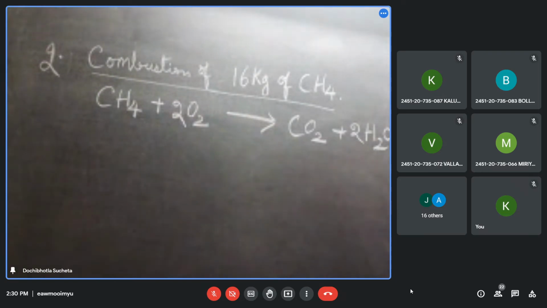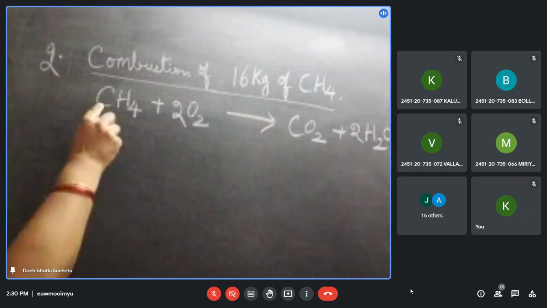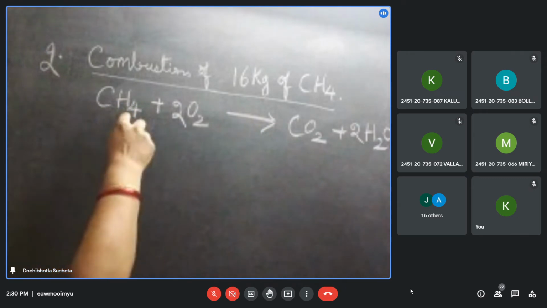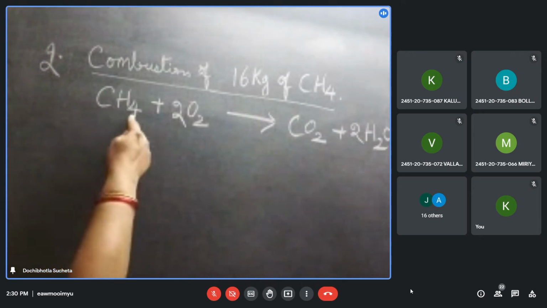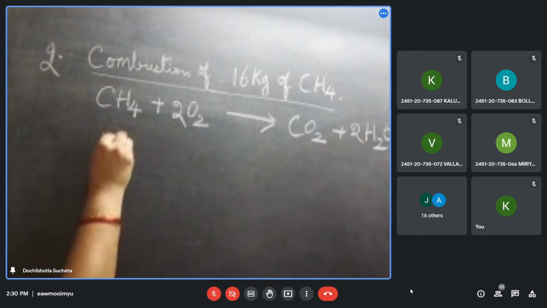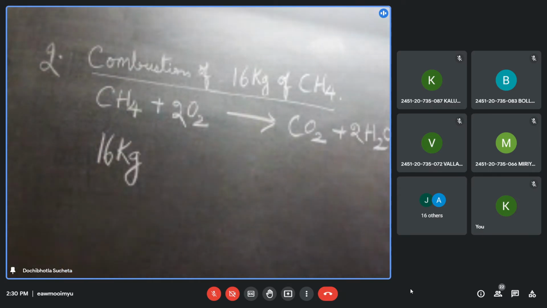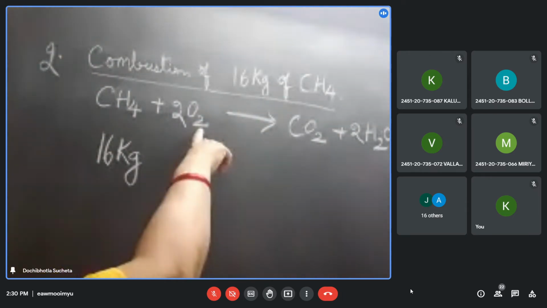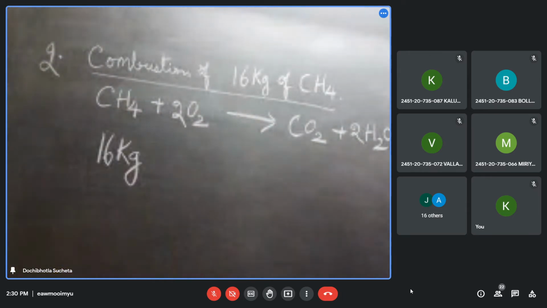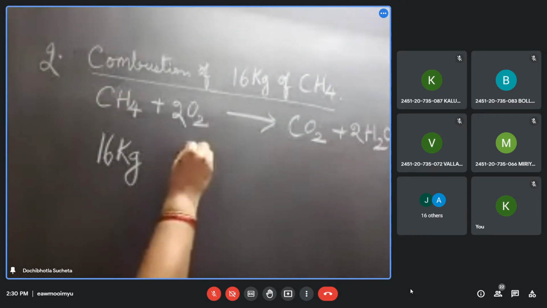Now, what is the weight of this methane? 12 plus 4, that is 16. 16 kgs of methane requires how many kgs of oxygen? O2 is 32 into 2, which is 64.